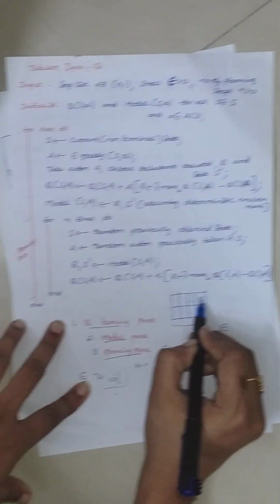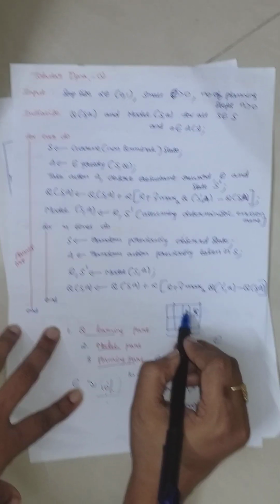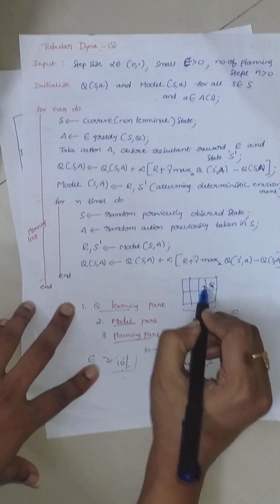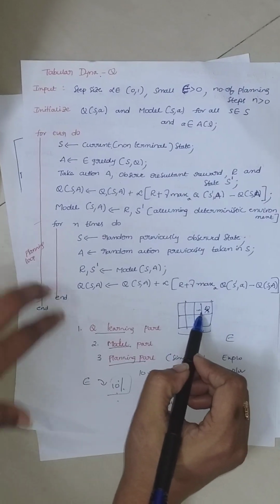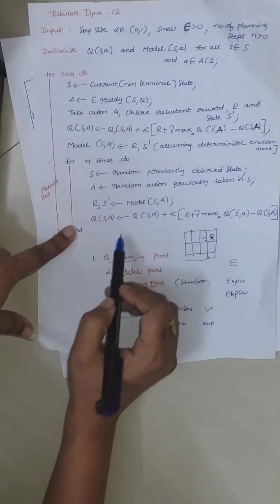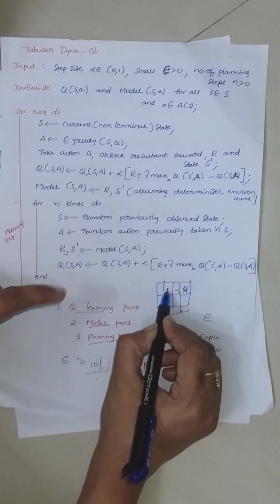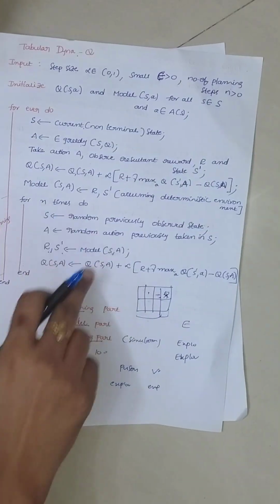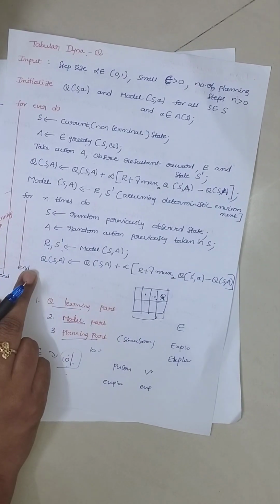Whatever action an agent takes, based upon the action it will get some reward. Based upon the reward, it will go to the next state. So this kind of step again you are simulating here. R, S dash, model, S, so you are simulating everything. For everything an agent does, the same thing again you are simulating that experience. Then this loop will rotate until it reaches convergence or it is completed.